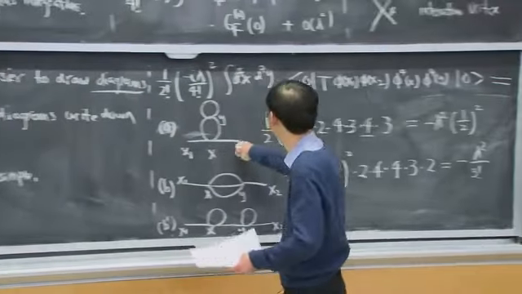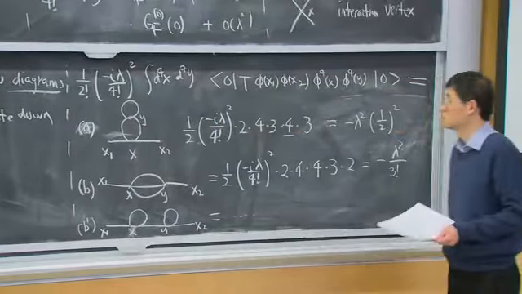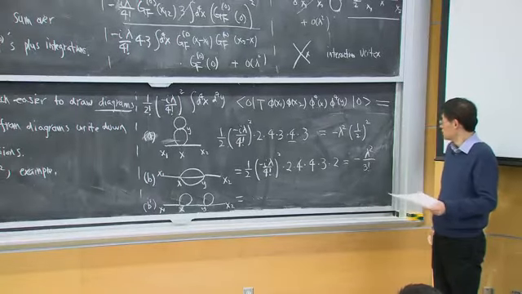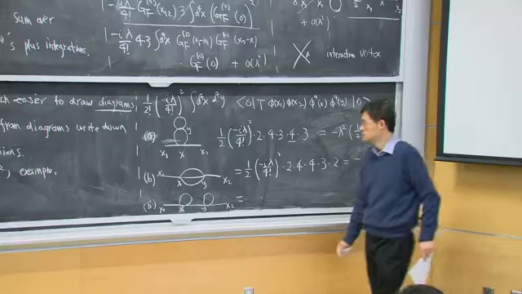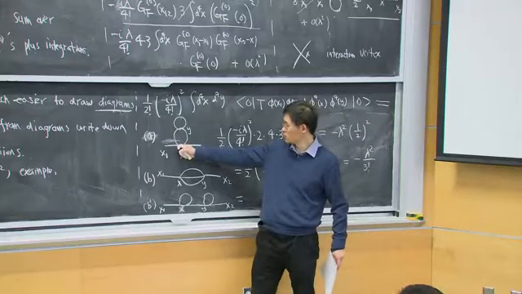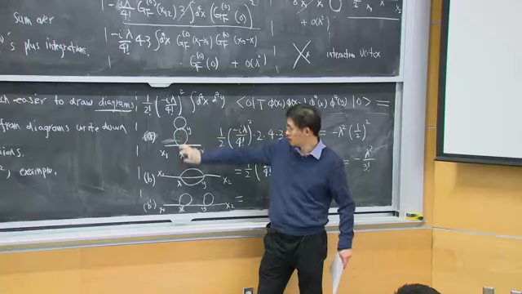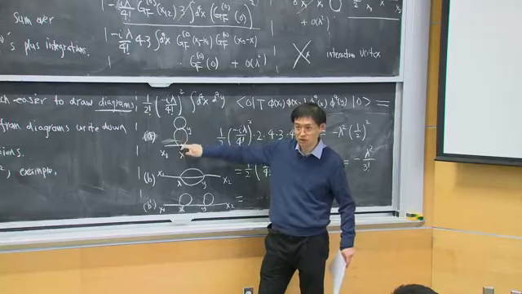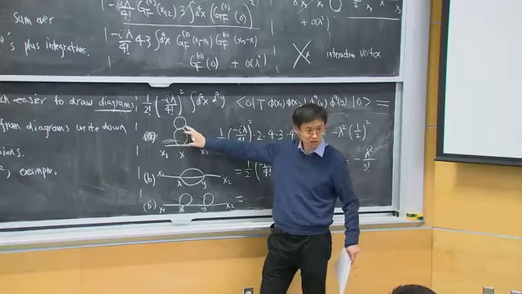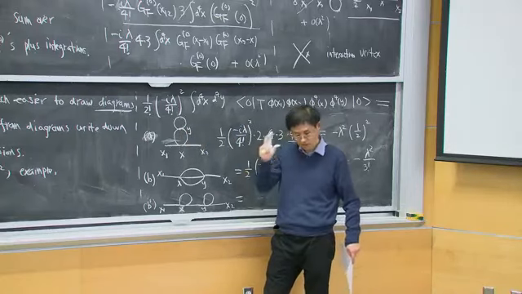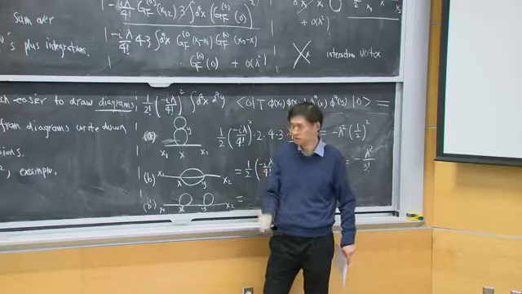So now let's go back to this diagram. In this diagram, there's no symmetry between x and y, because x and y are not symmetric, so we don't need to divide; there's no symmetry factor associated with permuting the vertices.